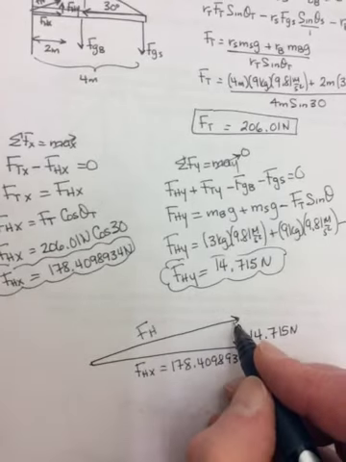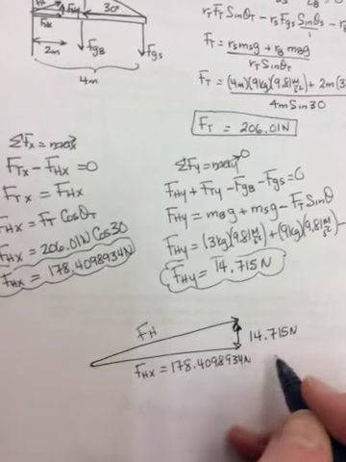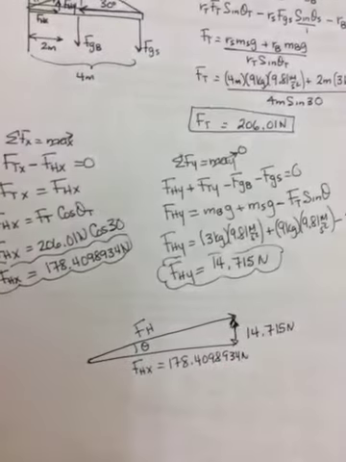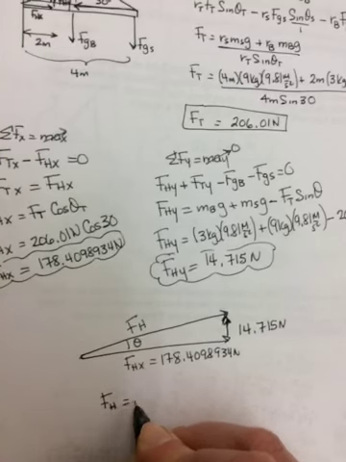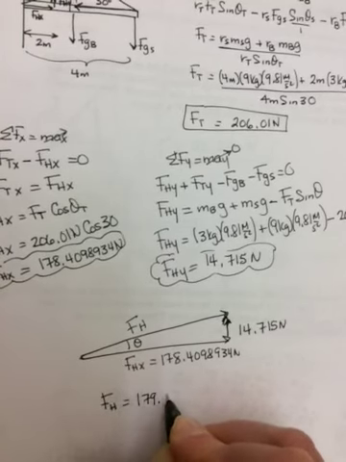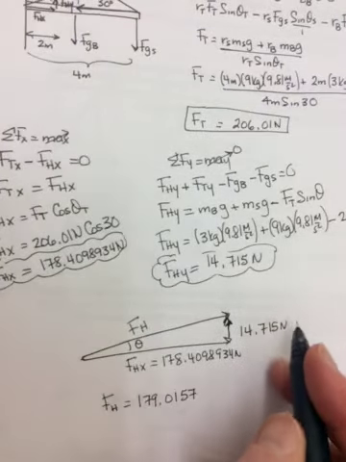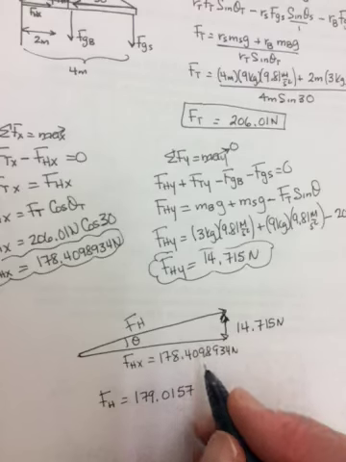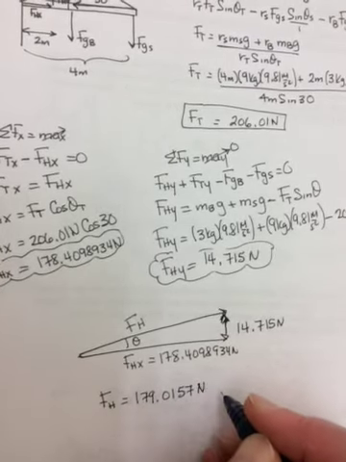There's always going to be at least a little upward component, okay? And it is tiny, but it's still there. And you know how to find it: square them, add them together, take the square root, and you should get an Fh of 179.0157. That's why I kept all my digits, because I knew this 14 wasn't going to make a huge difference when we squared it and added it to the 178 squared. It's 0.13, so I'm going to stop there.